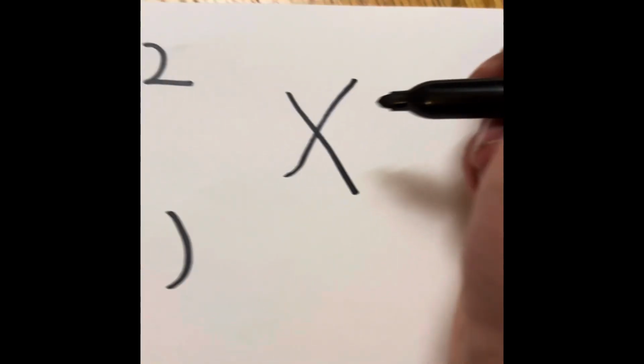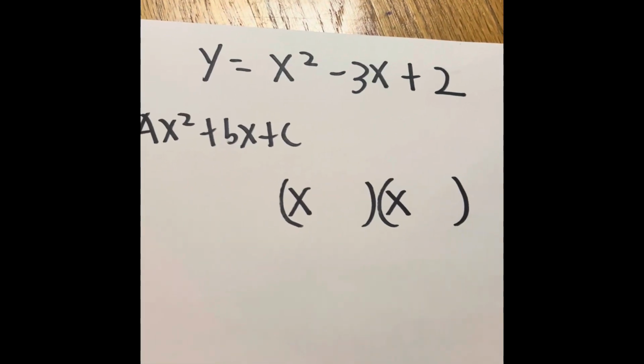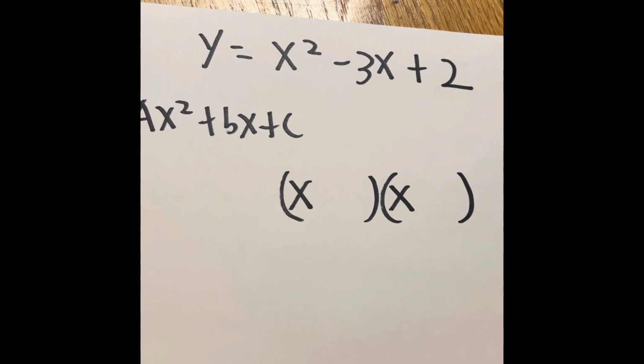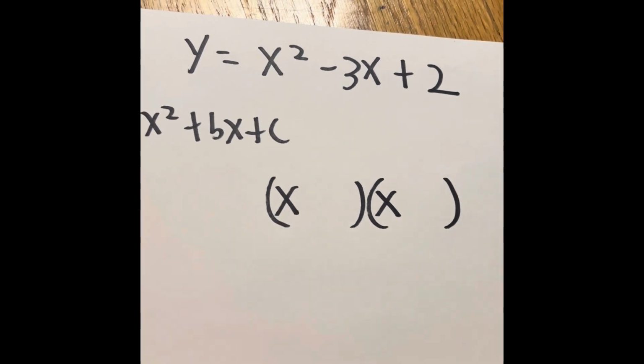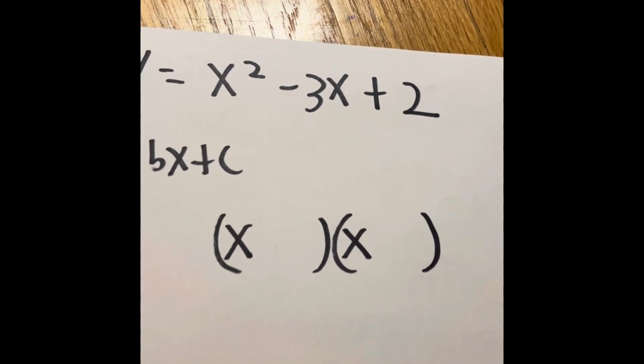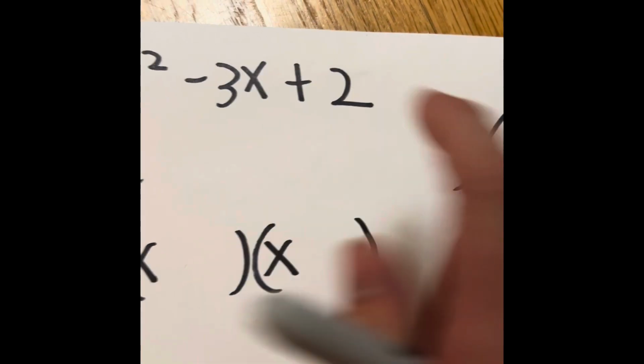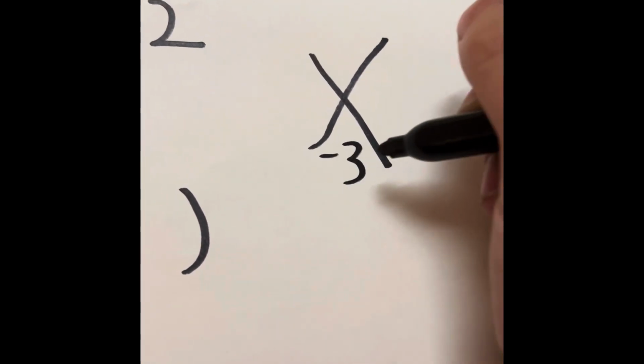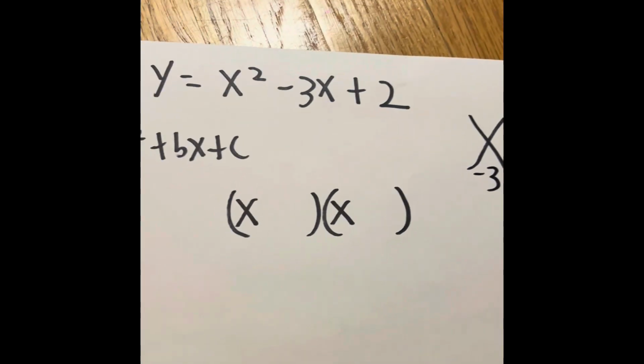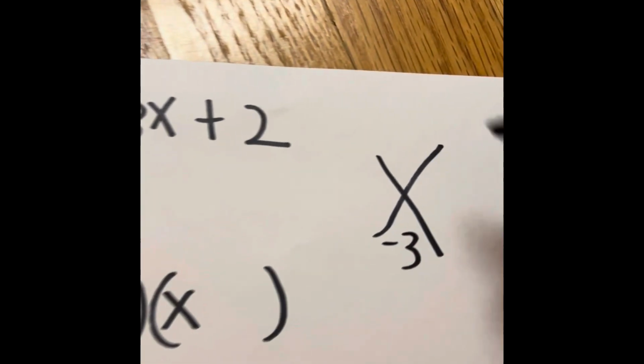We can do the diamond problem. Every time you try to find 2 things when you factor, because this is called factoring, you try to find numbers that add to negative 3, but also multiply to positive 2.